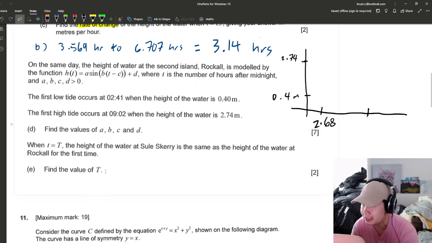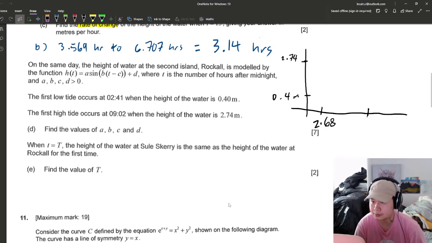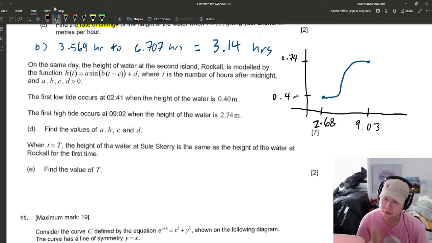And then same thing, 9:02, 2 minutes, so 2 divided by 60 plus 9 is 9.03. Okay, low tide, high tide. It's kind of ugly, but whatever.